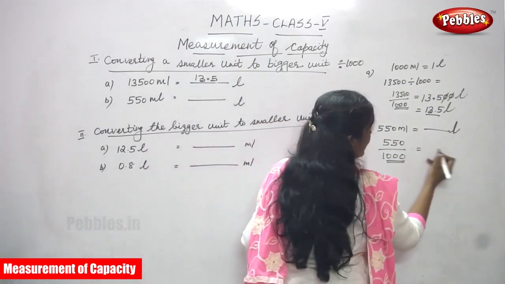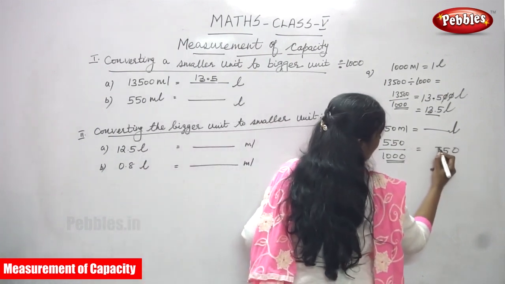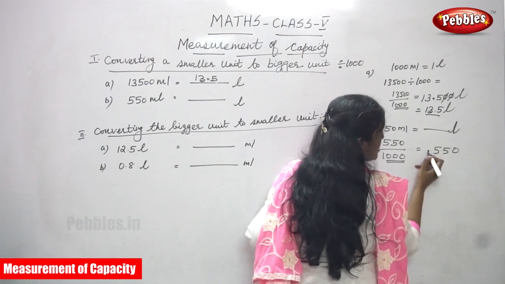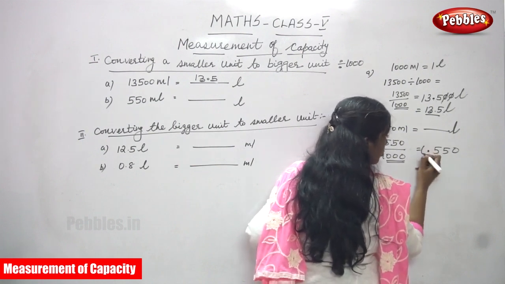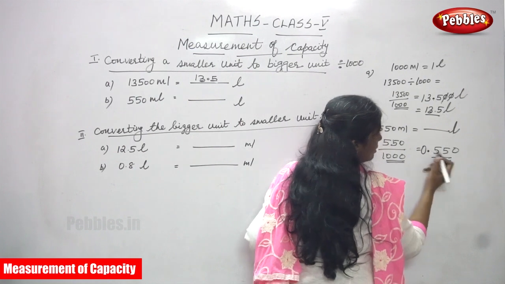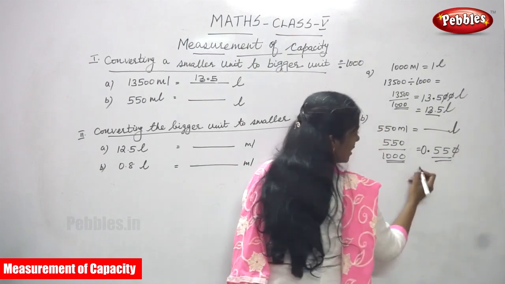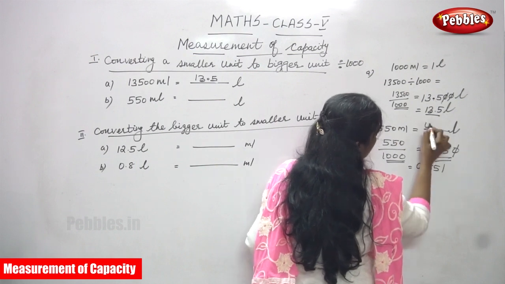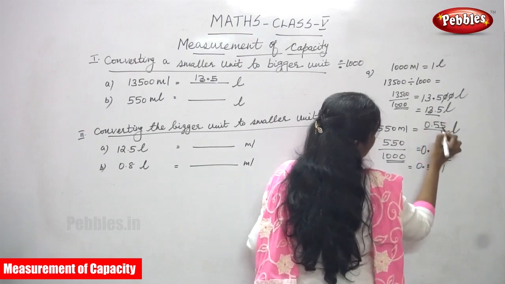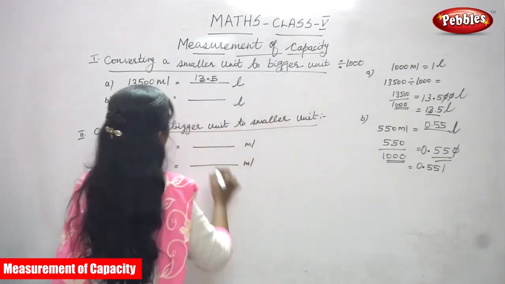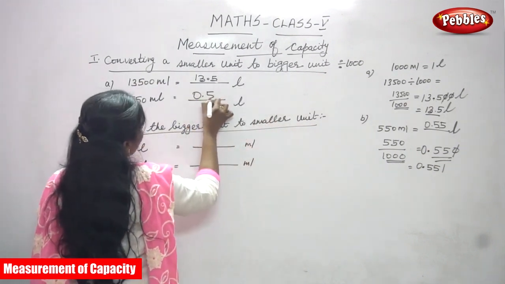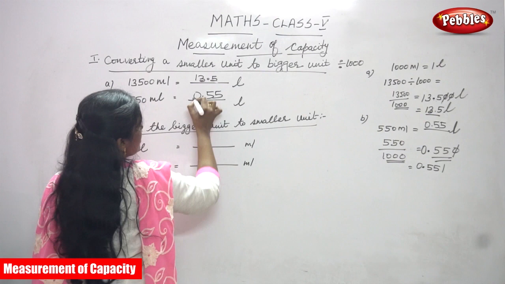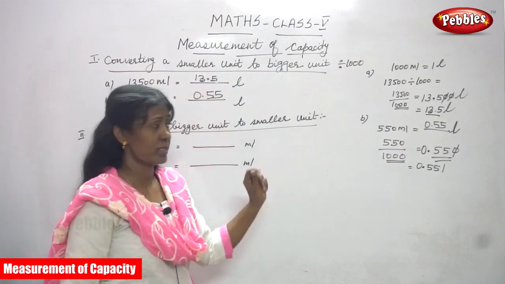So 0, 5, 5. Then you put a point, and before the point you have to add 0. After the point the 0 is not considered. So the answer is 0.55 L. This is the right answer for the question.